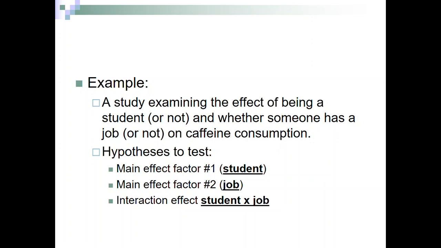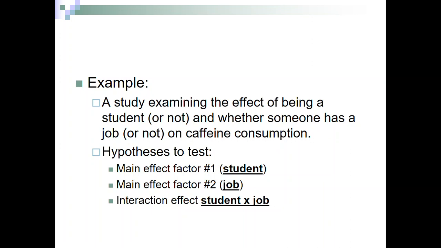Recall in a factorial design, if we have two different factors, we're going to look at actually three different hypothesis tests. The first one being the main effect of one factor. In this case, that would be the main effect of being a student or not. We're going to look at the main effect of the second factor. In this case, it would be the effect of having a job or not.